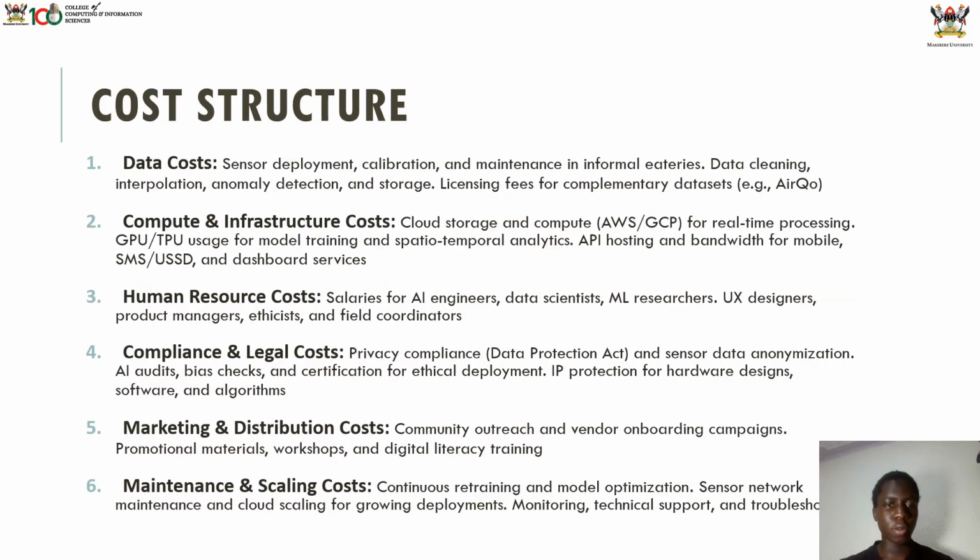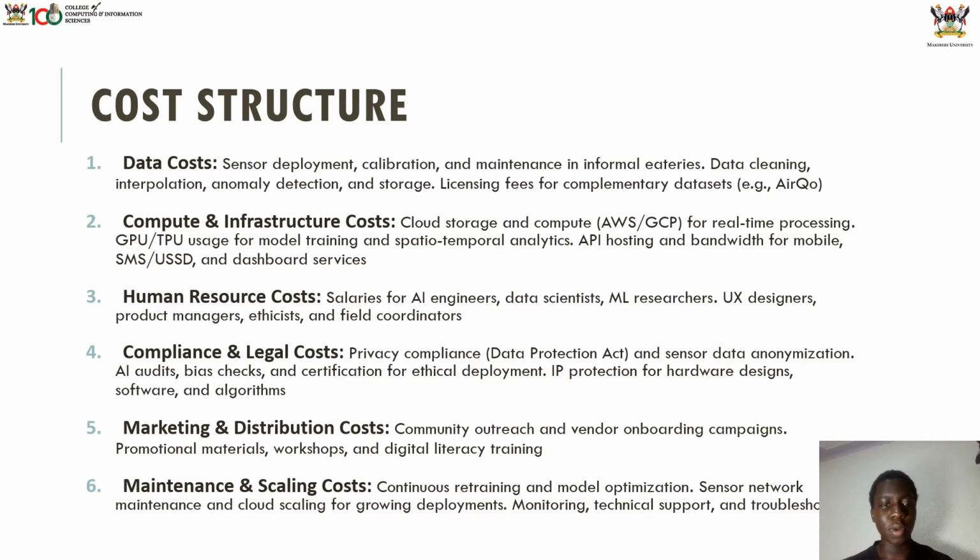And our cost structure was as follows. Data costs, which included sensor deployment, calibration, and maintenance in informal spaces, also data cleaning, interpolation, anomaly detection and storage, and licensing fees for complementary datasets. And then computing and infrastructure costs like cloud storage and compute for real-time processing, and API hosting and bandwidth for mobile, SMS/USSD, and dashboard services.